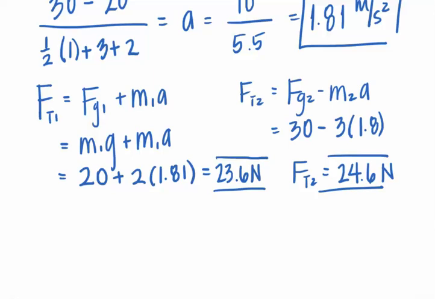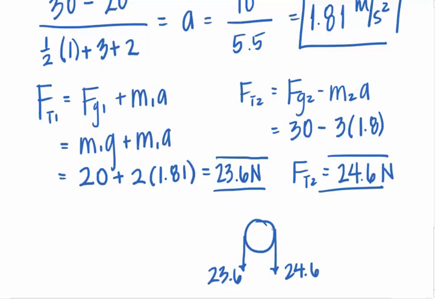The acceleration of the rope is the same. But because these two tensions are different, you've got 23.6 over here and you've got 24.6 over here. So which way is it going to turn?